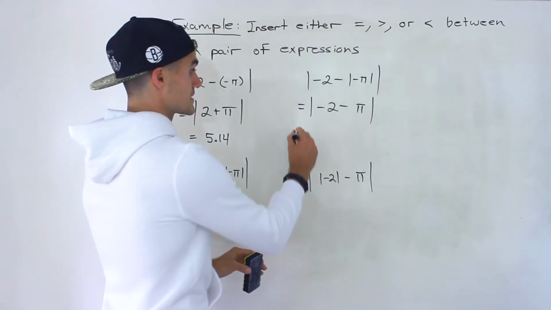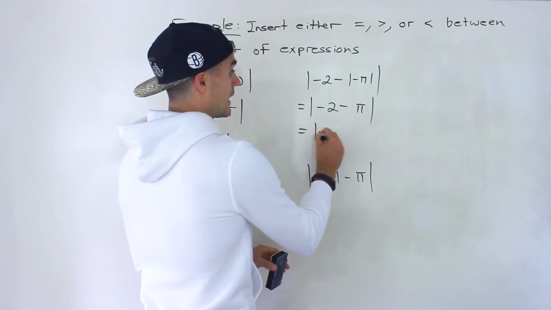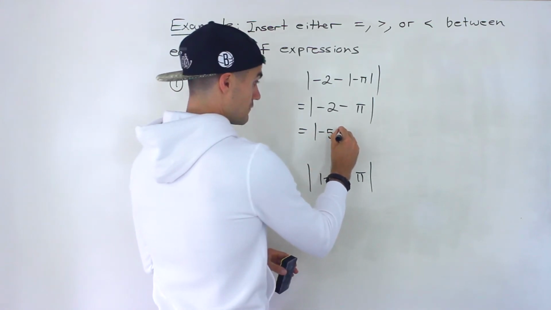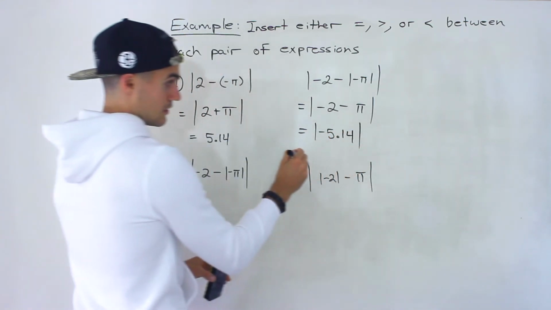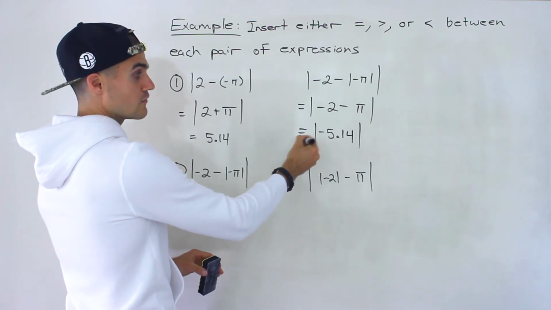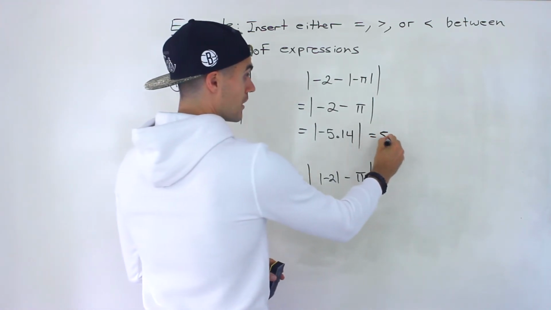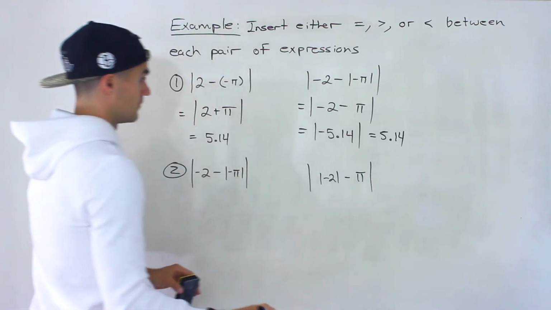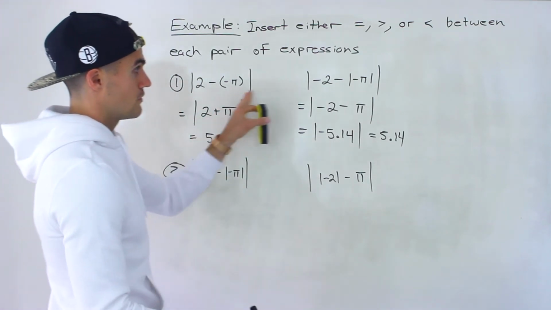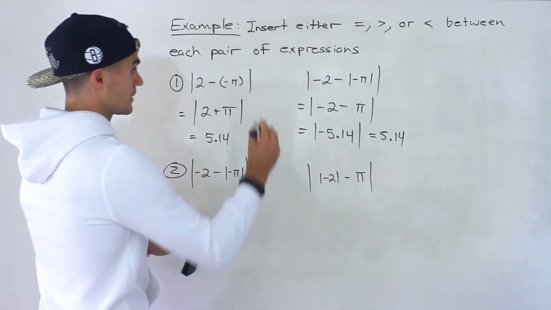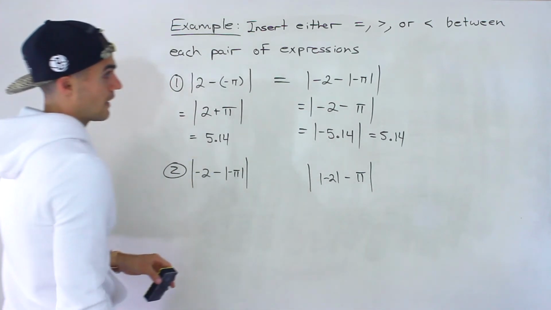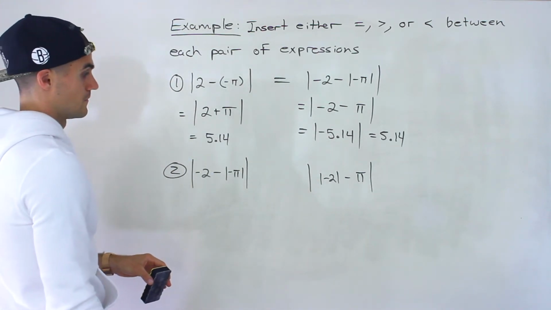What's that going to give us? That's going to give us negative 5.14. And what's the absolute value of negative 5.14? It's going to be positive 5.14. So both of these are actually the same thing. They're both equal, so we would have an equal sign right there.